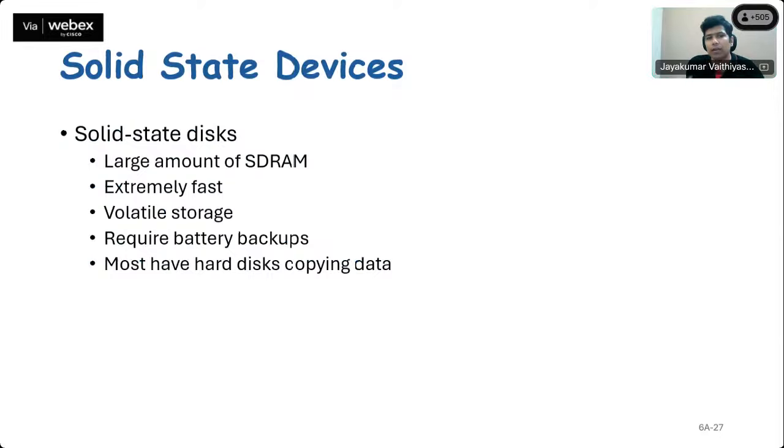As technology evolves, all your RAM capacity will increase to the maximum. Right now we are using DDR5, a type of RAM which is extremely fast. It supports volatile storage and requires battery backups. Since RAM is volatile, you cannot store data for a longer time.